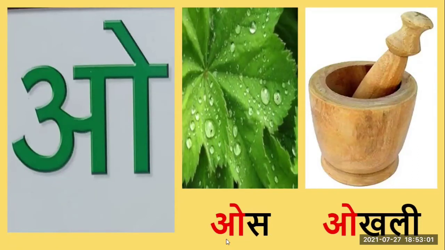The one marked in red is O. Os means dewdrops. The small droplets of water on the leaf are called dewdrops.